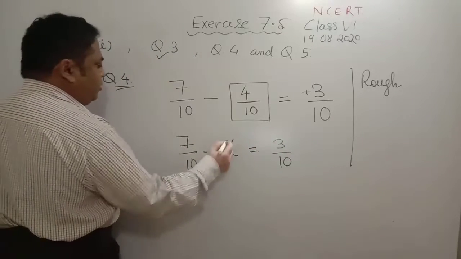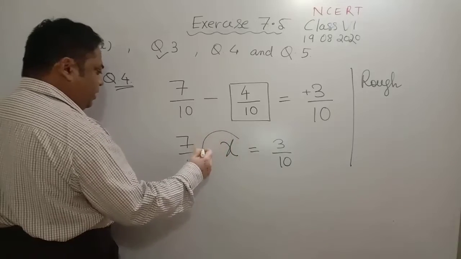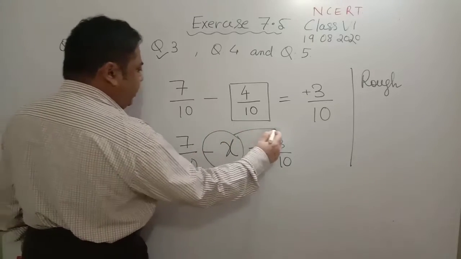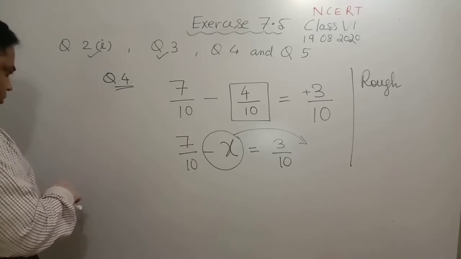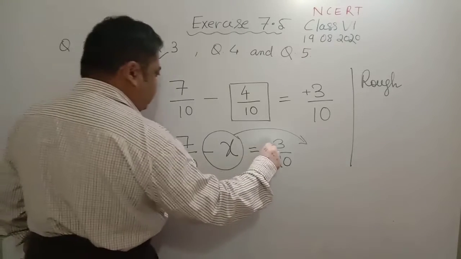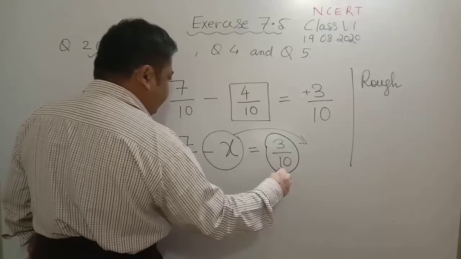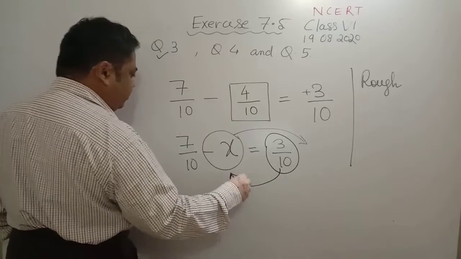So what will be this value? This whole minus X, I can take this side, and this whole 3 by 10 I can take this side.